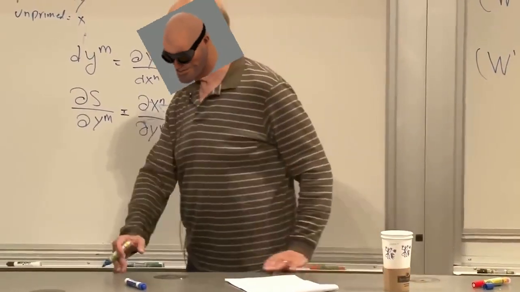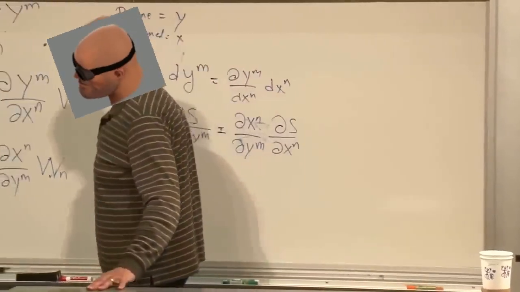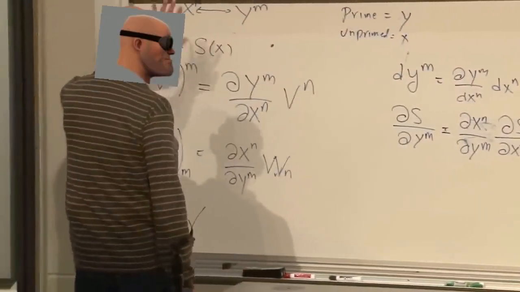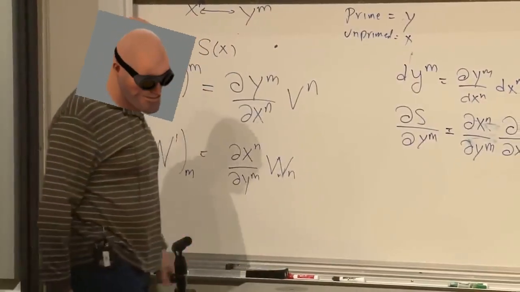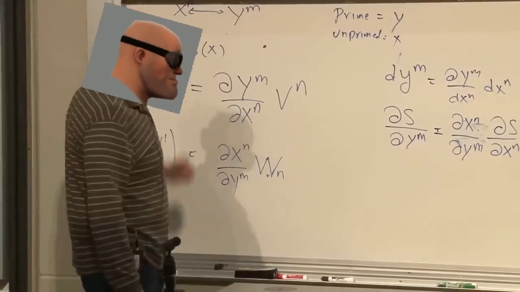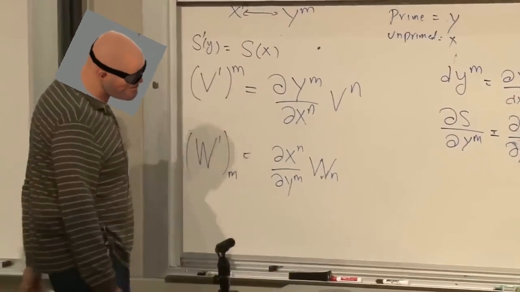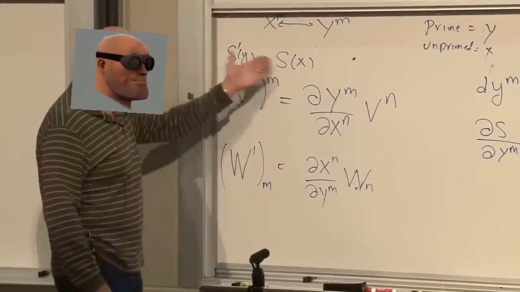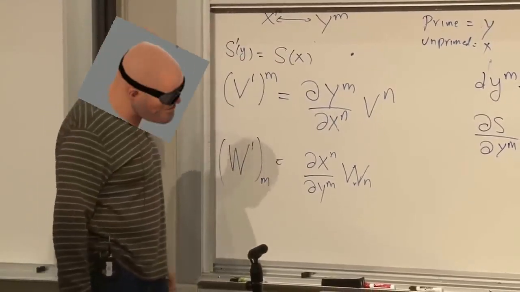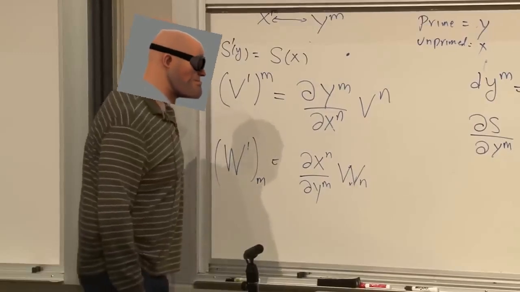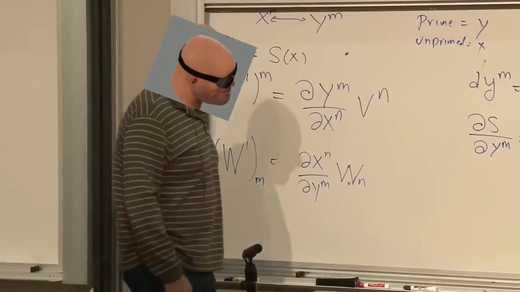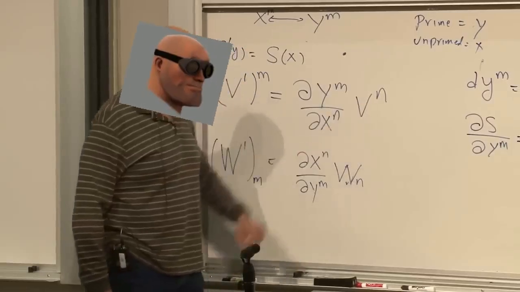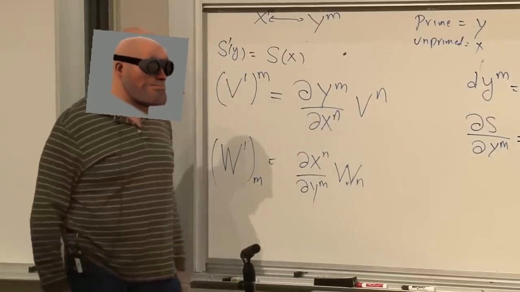Now, notice something about tensors. If they are 0 in one frame, let's start with a scalar. If a scalar is 0 in one frame, it's 0 in every frame. Now, supposing a vector is 0 in some frame, let's say the x frame.